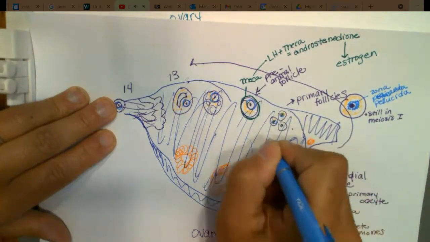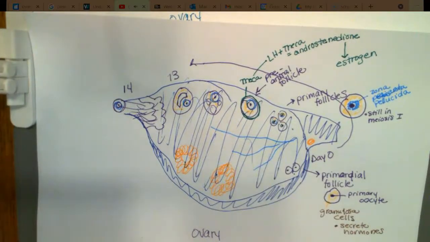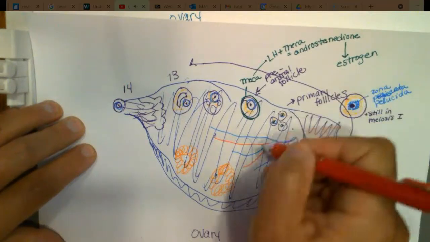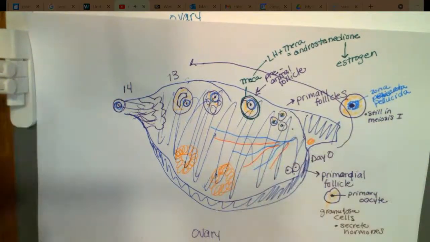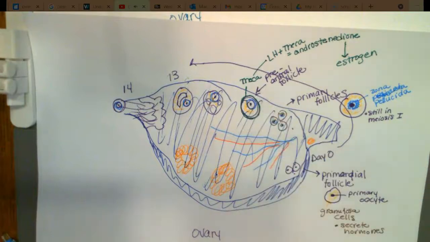Let's add some arteries and veins in here so you can see that there is a blood supply. That estrogen is going to go into these arteries and veins and start circulating around the body, and we see an increase in estrogen levels in our bloodstream because of the interaction between the theca and the luteinizing hormone that's being released.